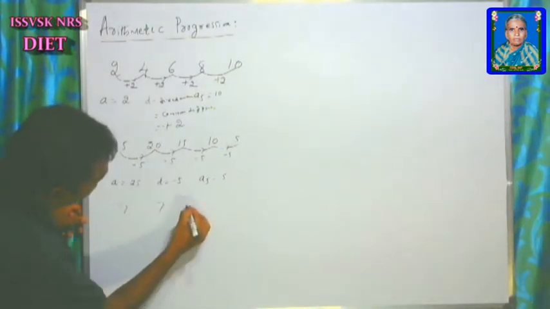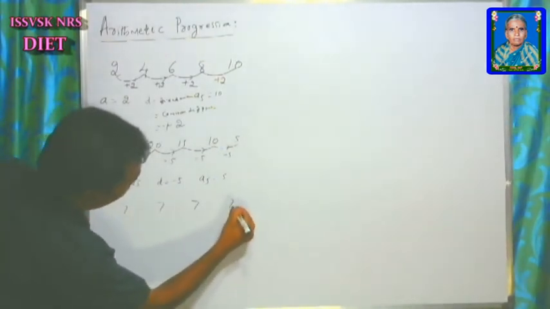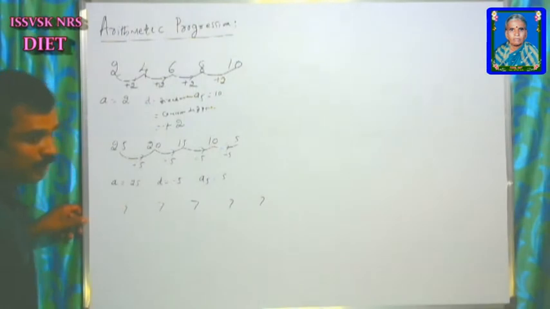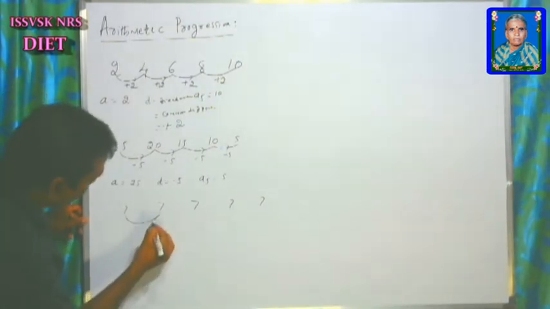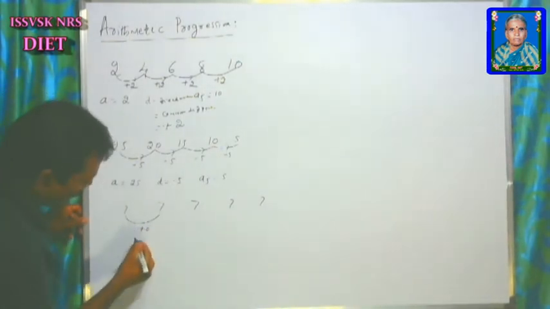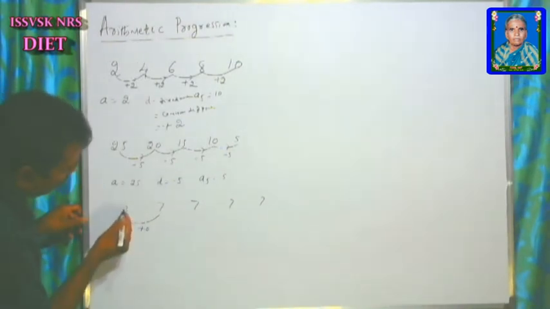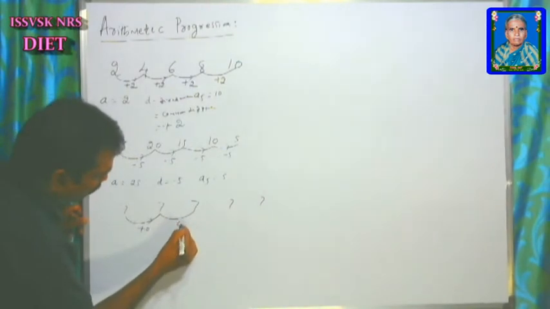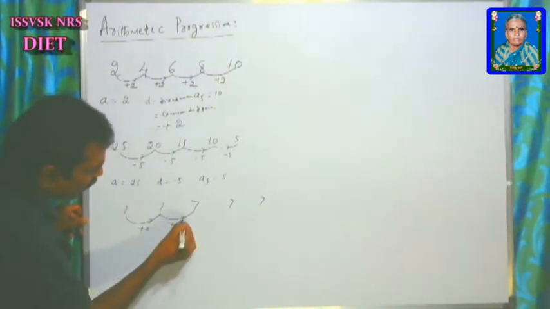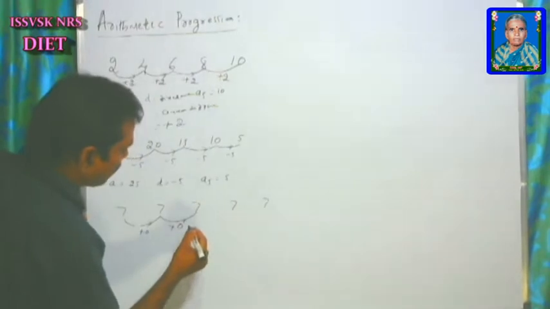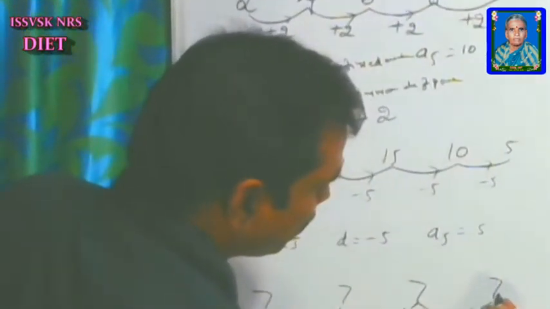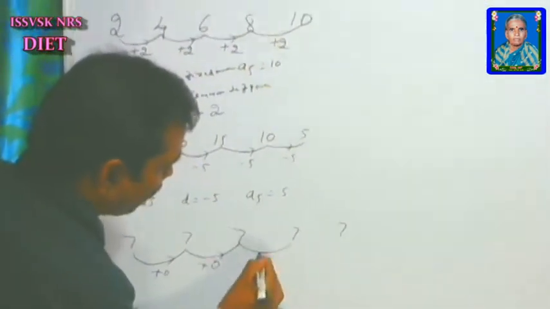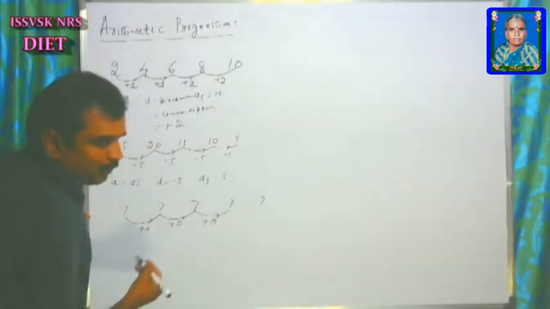Let us take one more example. 7, 7, 7, 7, 7. The difference between these numbers is 0. 7 plus 0 is 7.